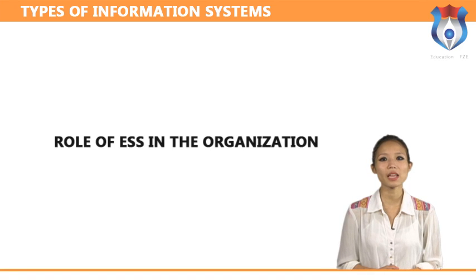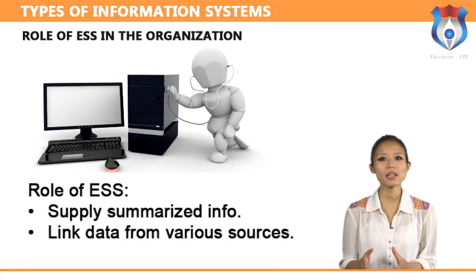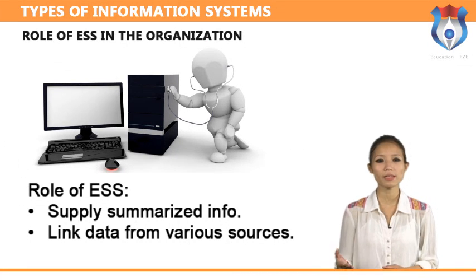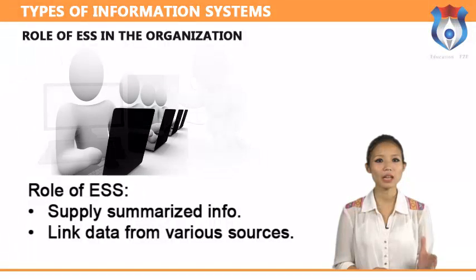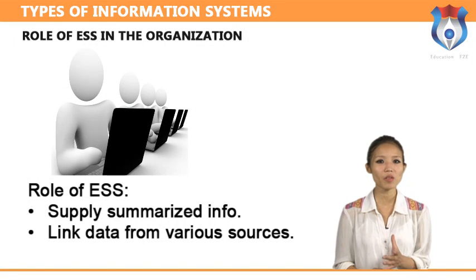Role of ESS in the organization. An ESS can supply the summarized information executives need and yet provide the opportunity to drill down to more detail if necessary. ESS are able to link data from various sources, both internal and external, to provide the amount and kind of information executives find useful.